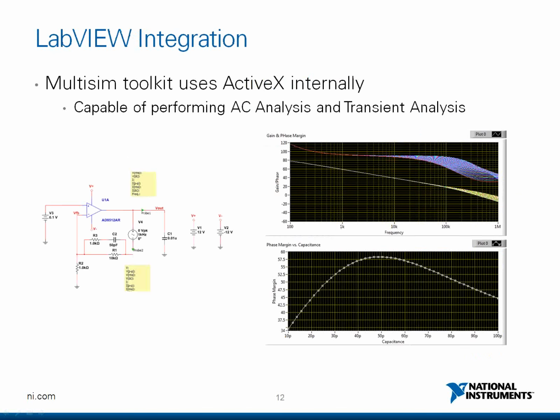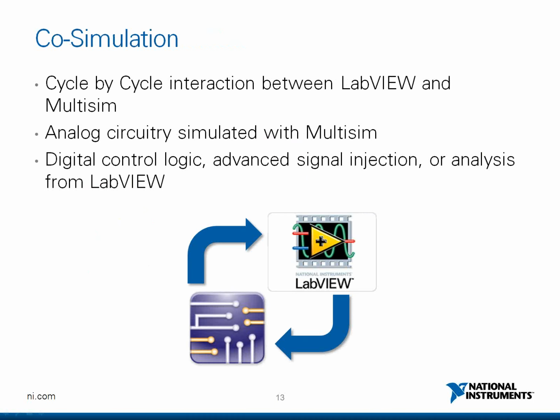The next part we'll be talking about is how LabVIEW interacts with Multisim itself. LabVIEW interacts with Multisim using ActiveX internally. And if Multisim is capable of producing AC analysis and transient analysis, LabVIEW is also able to do the same. Here we'll talk about what co-simulation is. In co-simulation, you build your analog circuitry on Multisim, but you give the digital control from LabVIEW.